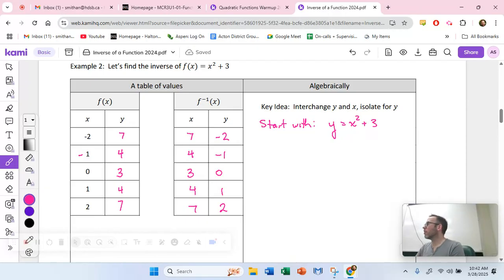We are going to swap x and y: x equals y squared plus 3. And we're going to solve for y. It's not too bad here. Bring the 3 over to the left. You're going to subtract it. x minus 3.